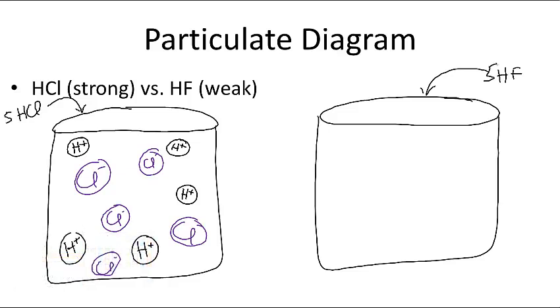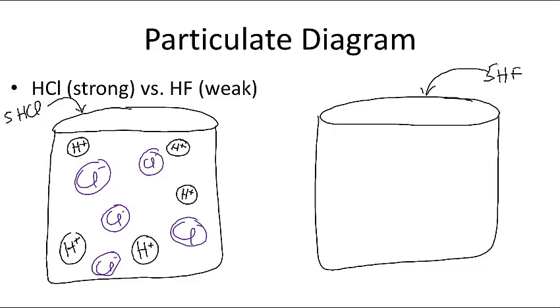If I dissolve 5 molecules of HF, how's it going to be different? All right, maybe I'll still have some HF. In fact, it's probably more like I'd have 4 HFs and only one would split up. You don't know the numbers yet. The numbers we're going to deal with later when we start doing the calculations.